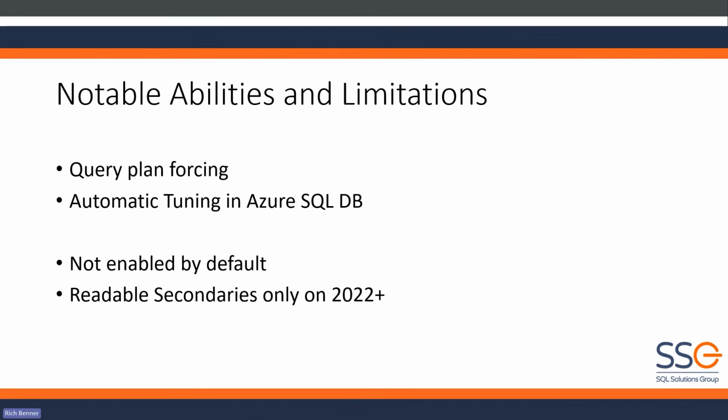Oh, sorry, it's already out in 2022. But prior to that, it doesn't work on secondaries, unfortunately. You very likely have different read-only queries running on these secondaries, but they don't get captured prior to 2022. So it's another reason to upgrade.